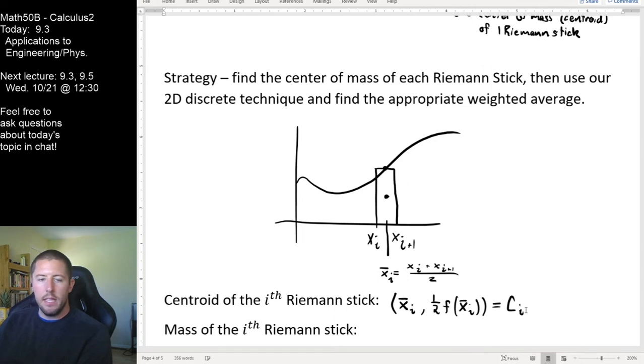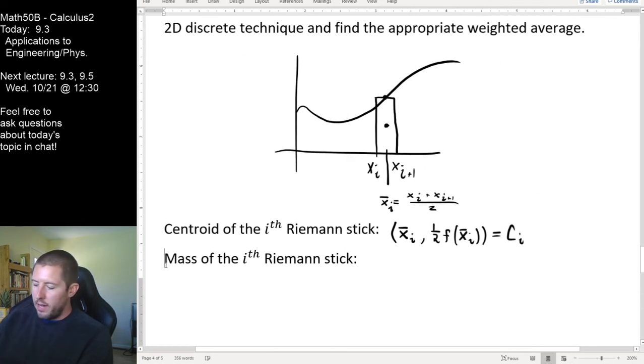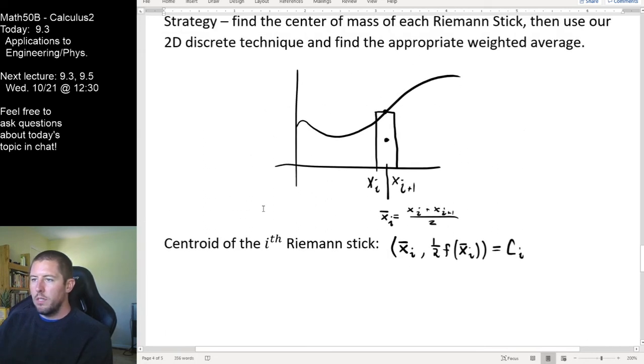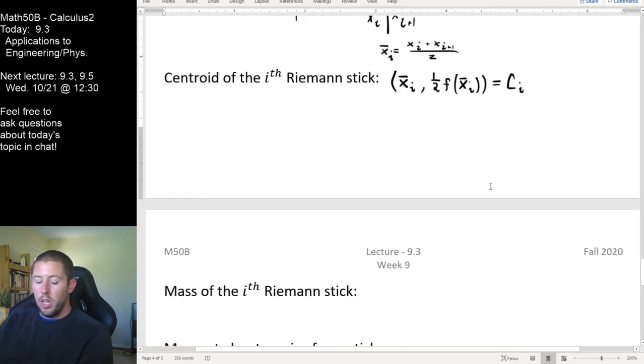It's the ith centroid of all of our Riemann sticks, located at halfway between two x values, and then half of the height associated with that one given x value right there. That's just the middle of a Riemann rectangle. So this is a general centroid of a Riemann rectangle right here. So there's our centroid location.